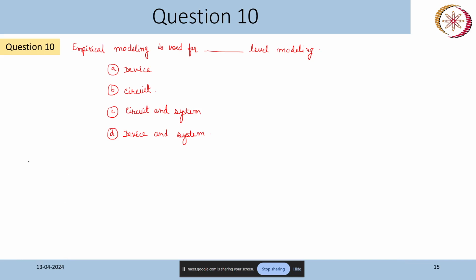First of all, what is empirical modeling? In empirical modeling, this is not exactly physics based modeling. This is mainly based on observations or experimental data.